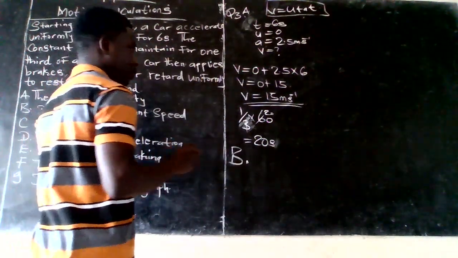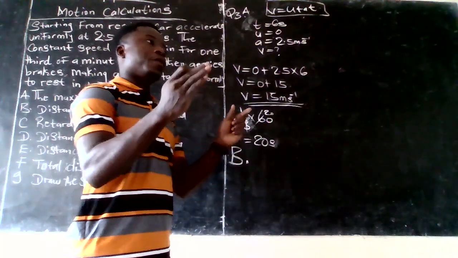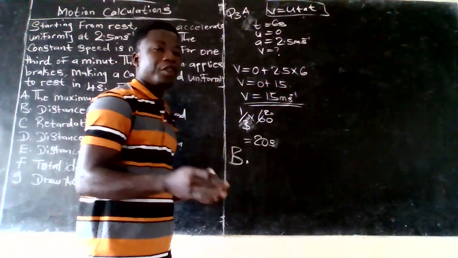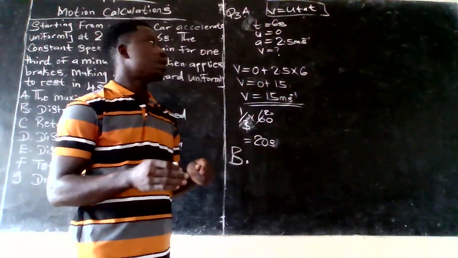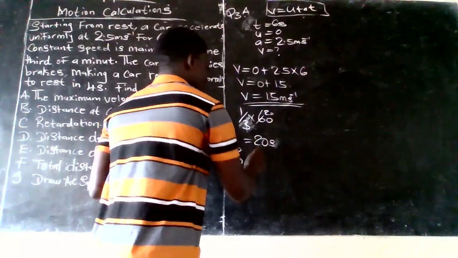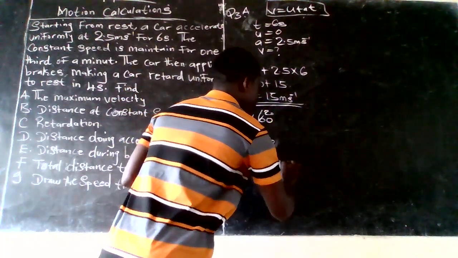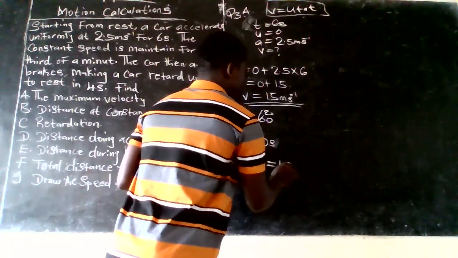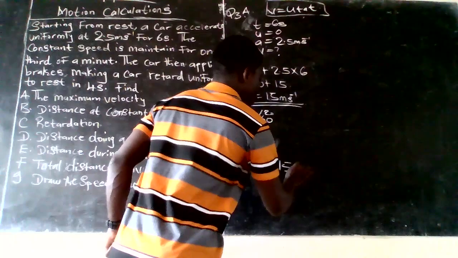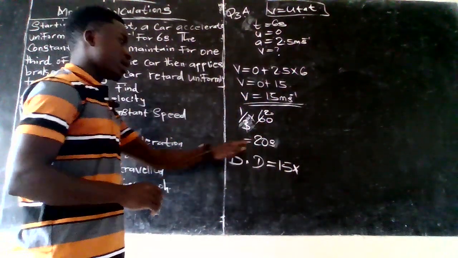Distance at constant speed. We know for constant speed, the formula for distance is the average velocity times the time. And we have our average velocity. So D here now equals our average velocity, 15 meters per second, times the time it takes, which is 20.